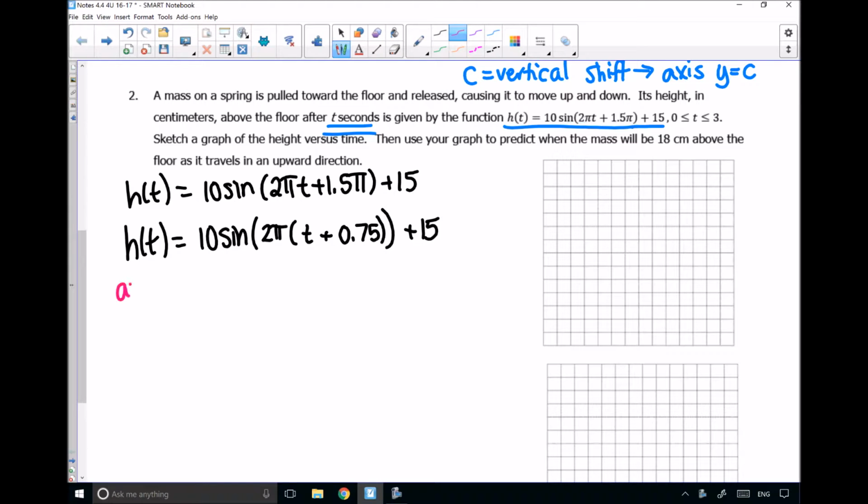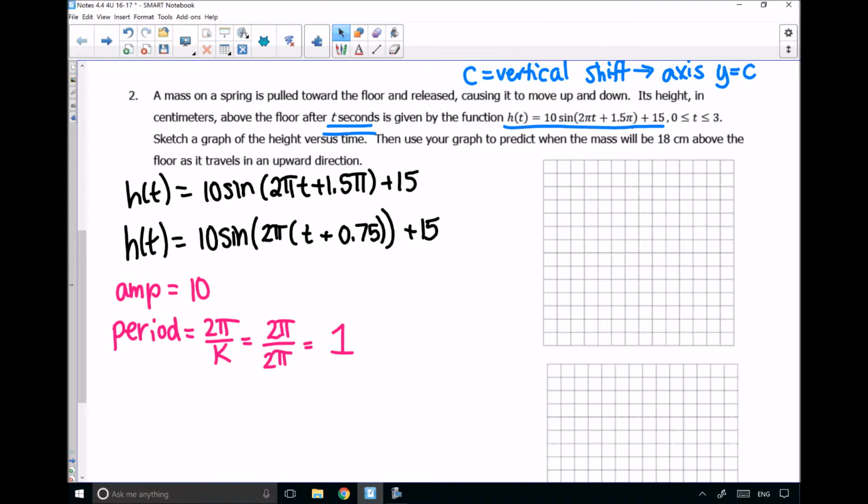Well, I know that my amplitude is going to be equal to 10, okay? I know that my period is going to be equal to 2 pi over k, and I know that my k value is 2 pi. So I know that one cycle will be completed in 2 pi over 2 pi, or just 1, okay? So the period information I also know as well.